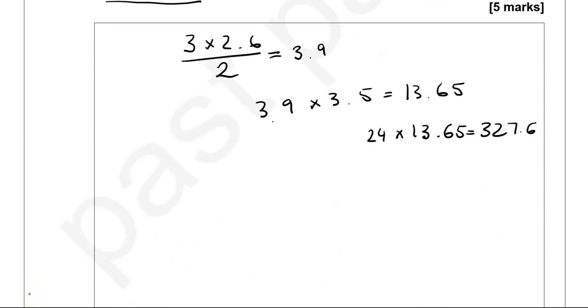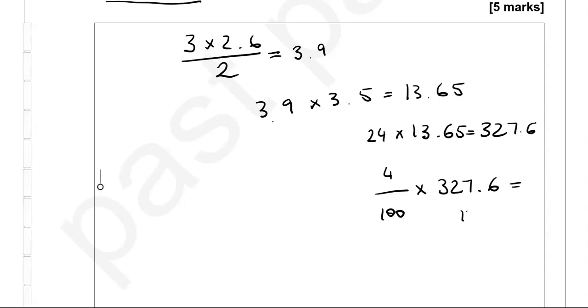So working out 4%, 4 out of 100 times 327.6 gives us 13.104.